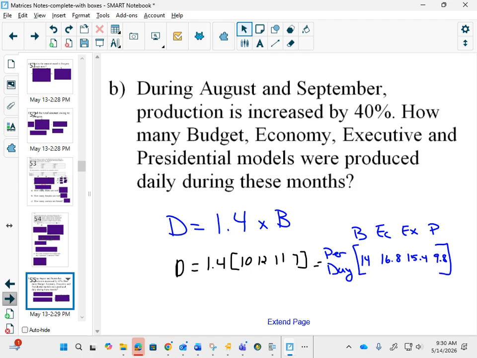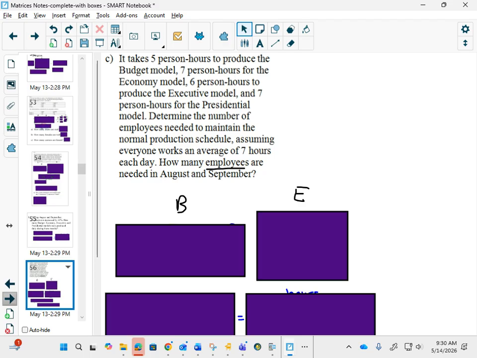I try to use inclusive language in this next one because historically they talk about man hours, but I don't know what the person hours is what I went with. 5 person hours to produce the budget model. 7 person hours for the economy model. 6 for the executive and 7 for the presidential.